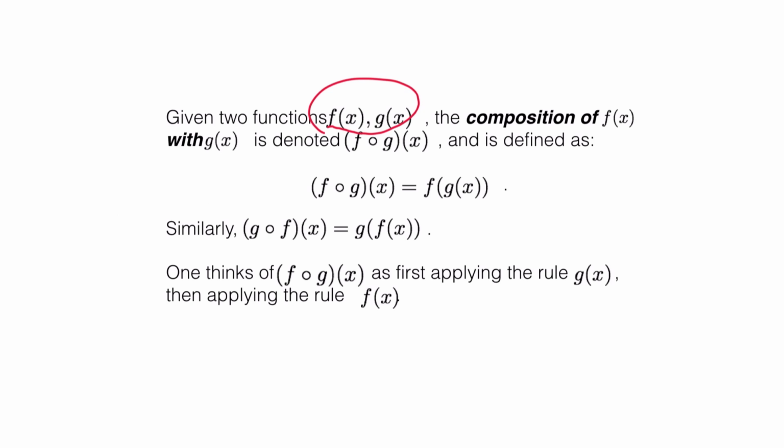So we say that for two functions, f and g, their composition of f with g is a new function denoted with this circle here, and it is given by the following rule. F composed with g is equal to first applying the function g and then applying the function f.